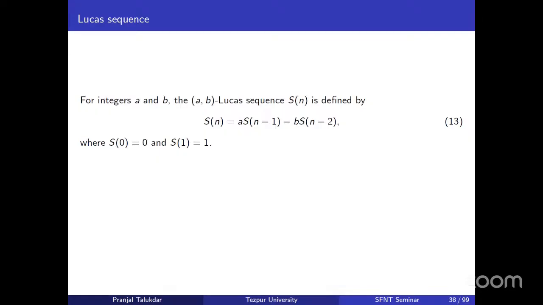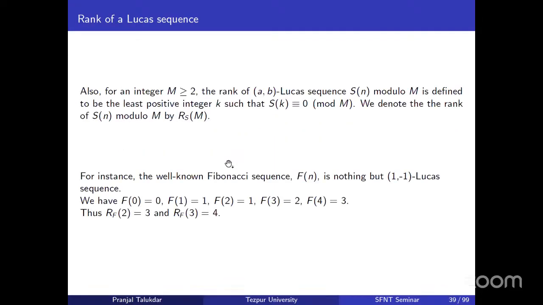So to state those congruences, first we have to recall the definition of the Lucas sequence. For integers a and b, the a,b Lucas sequence is defined by this relation, with these two initial terms. And the rank of this Lucas sequence is the least positive integer k such that Sk is divisible by m, and we denote the rank of Sn by this symbol.